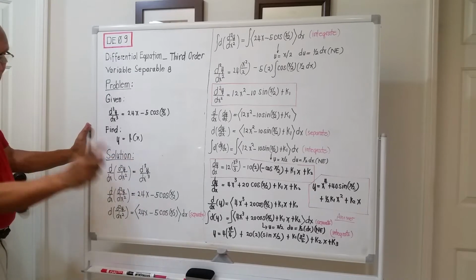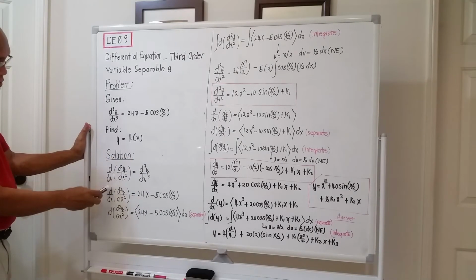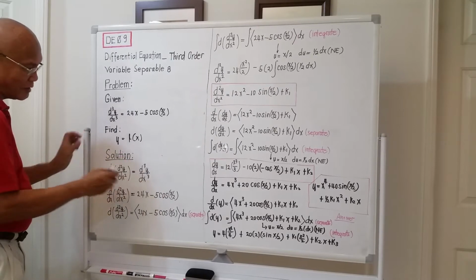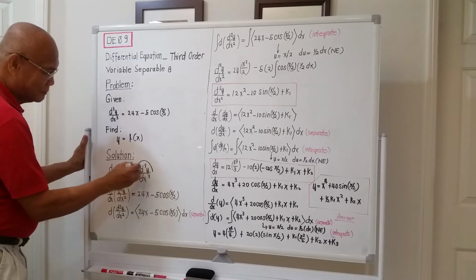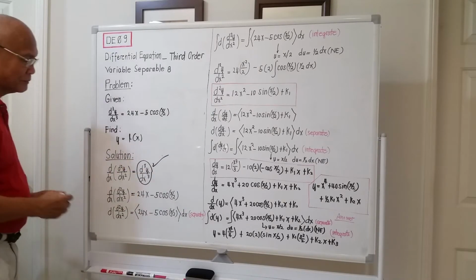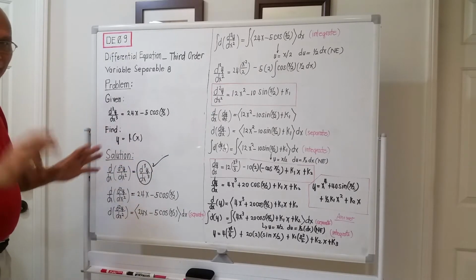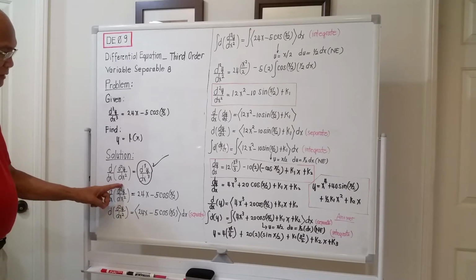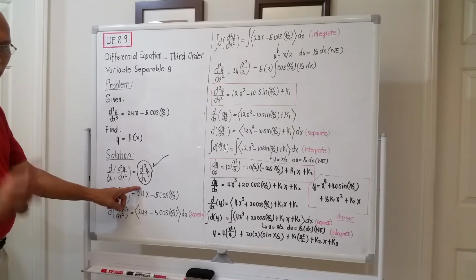The solution will be something like this. The derivative with respect to x of the second derivative is actually d cubed y over dx cubed. That's by definition. The derivative with respect to x of the second derivative is the third derivative of y with respect to x.